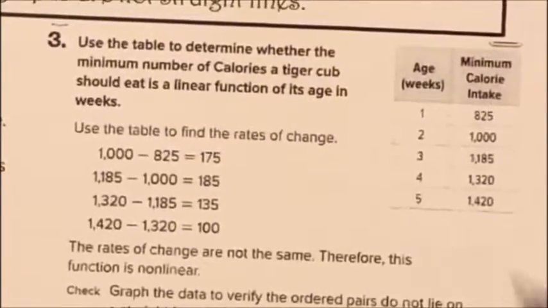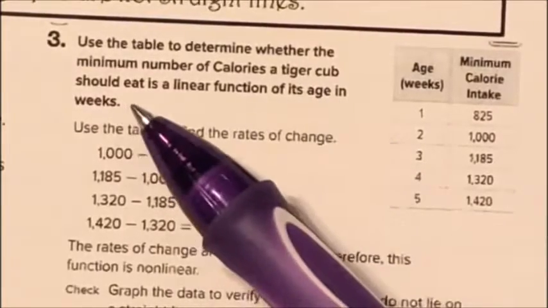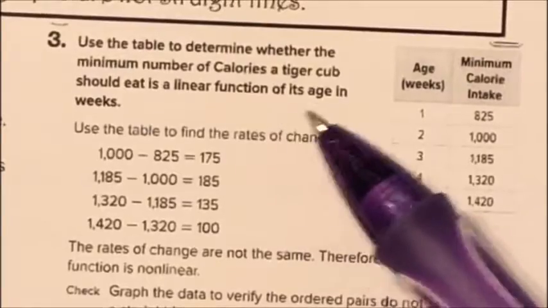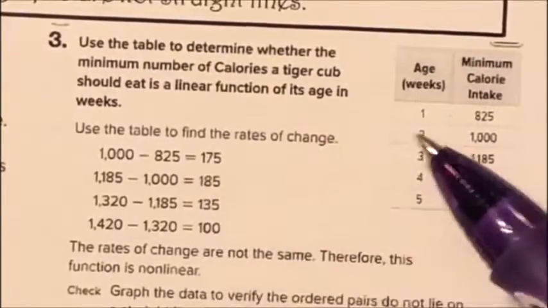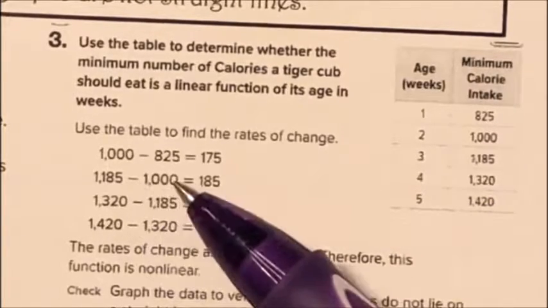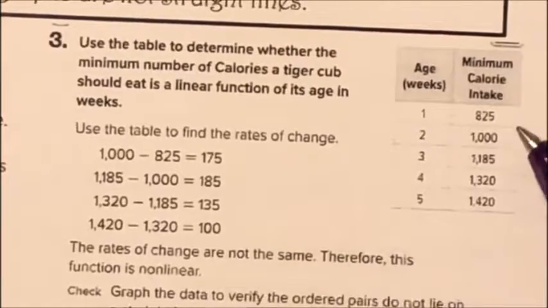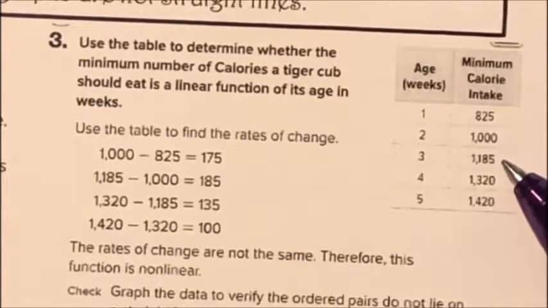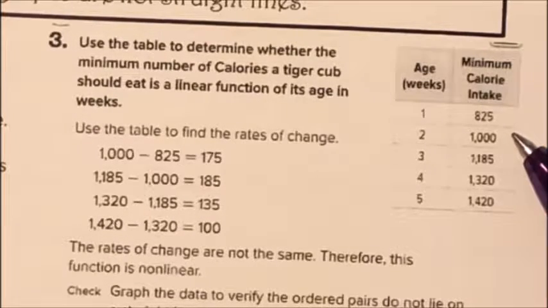Number 3 says use the table to determine whether the minimum number of calories a tiger cub should eat is a linear function of its age in weeks. I can use the table to find the rates of change. For 1,000 minus 825, I get 175. 1,185 minus 1,000 is 185.